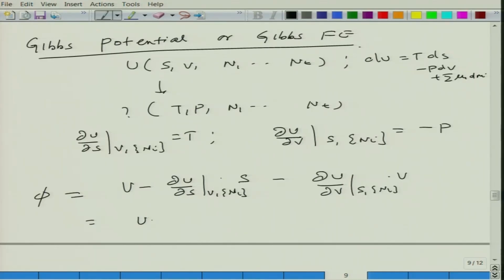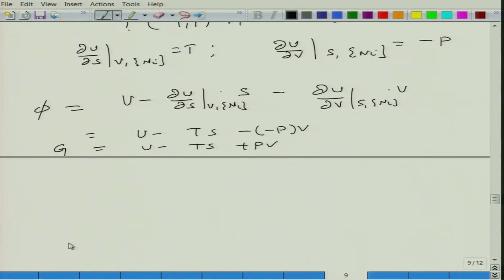This is going to be U minus T S minus of minus P V, and that is U minus T S plus P V, and this particular function is often called G. So, G is nothing but the Gibbs potential or Gibbs free energy we call it. Now, G is a function of T, P, n1 till n_t.